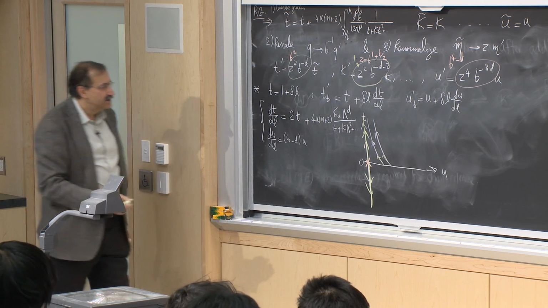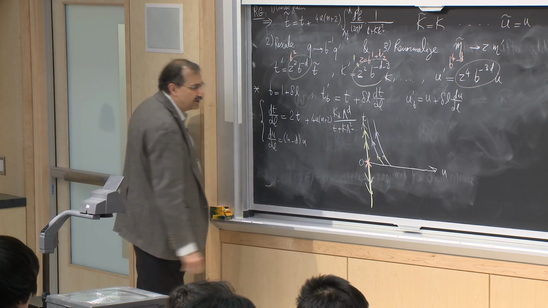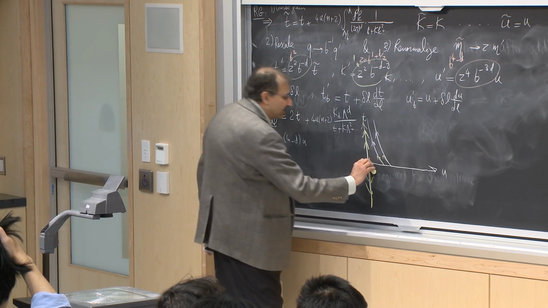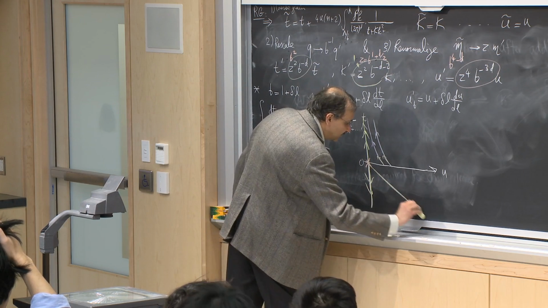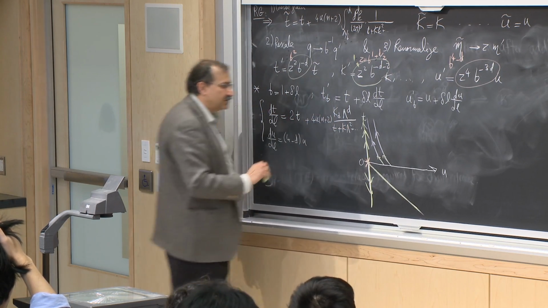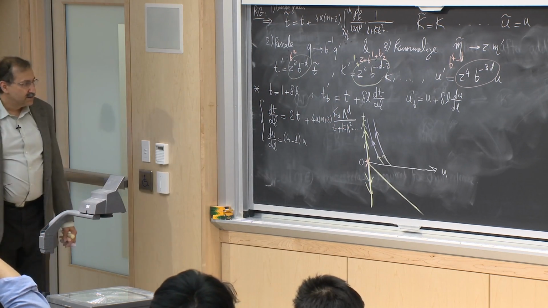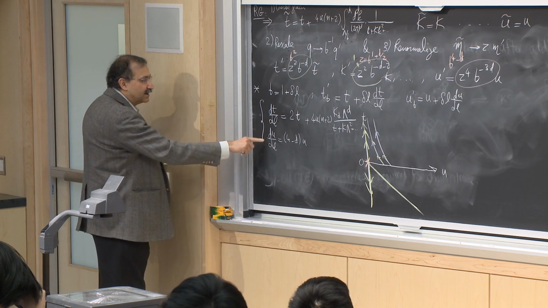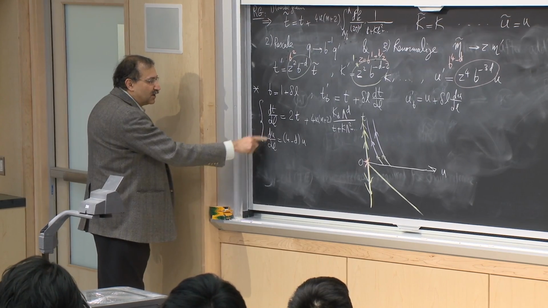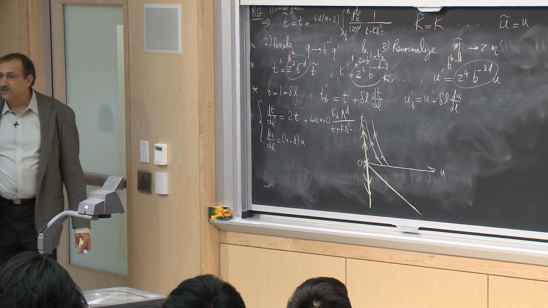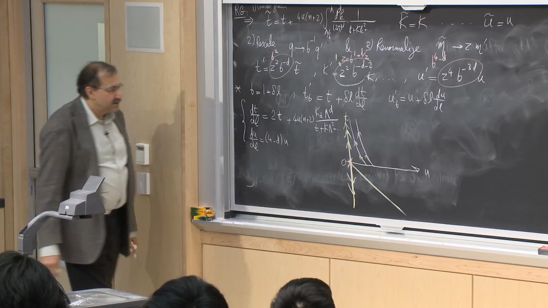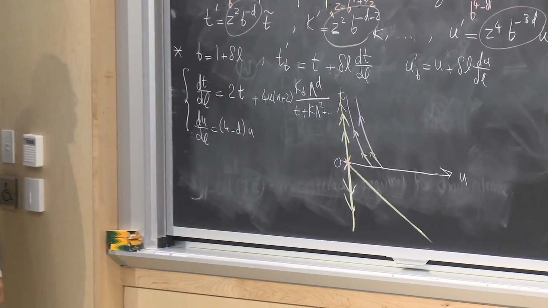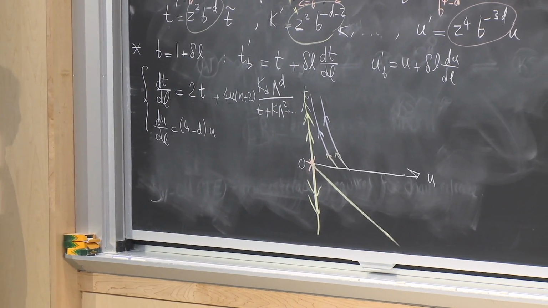But there is a direction along which the flow is preserved. So there is a straight line. This straight line you can calculate by setting dt by dl divided by du by dl to be the ratio of t over u. You can very easily find that it corresponds to a line of t being proportional to u with a negative slope.